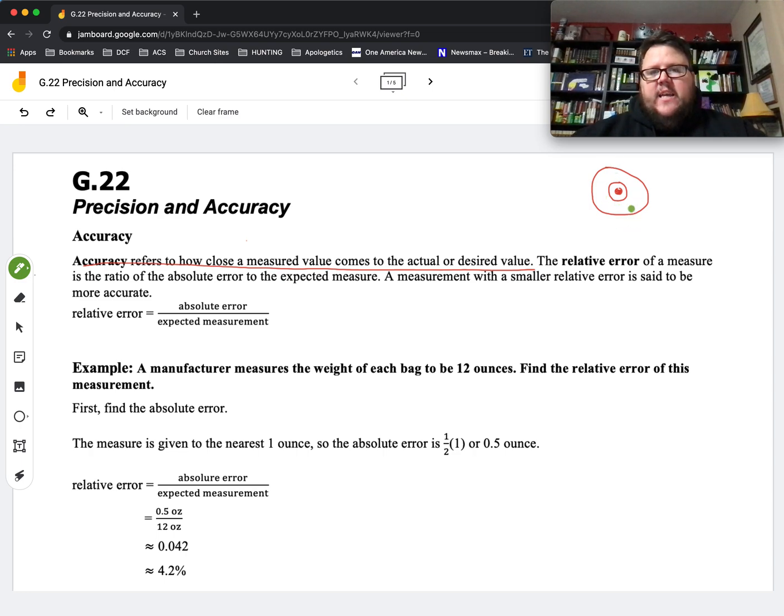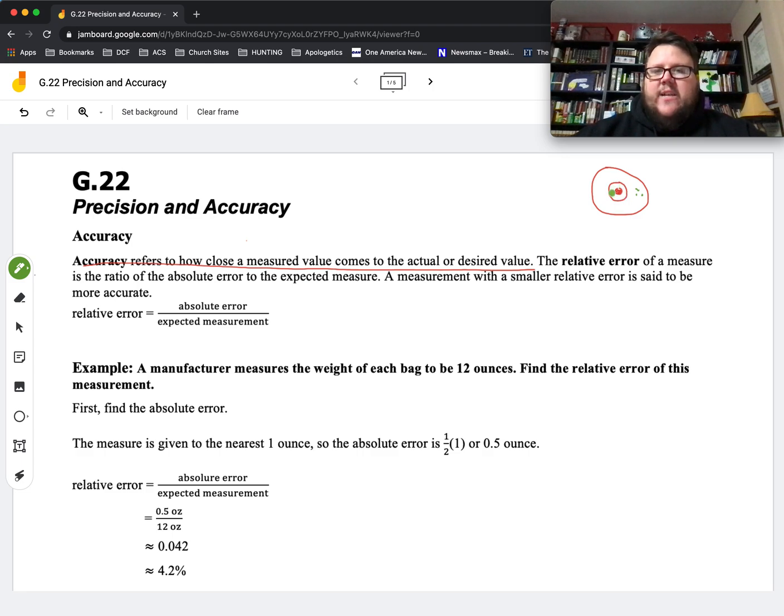Now, if I was throwing darts and I hit one here, one here, and one there, those three would be considered accurate, but they would have a high relative error because they're accurate as far as they're clustered together, but they're not accurate as far as where I want them to land.